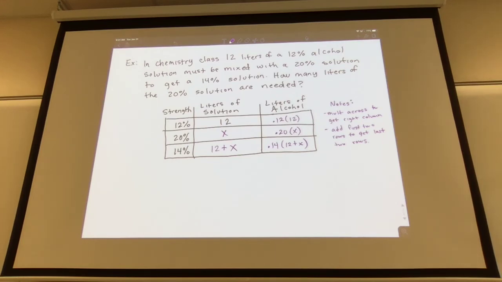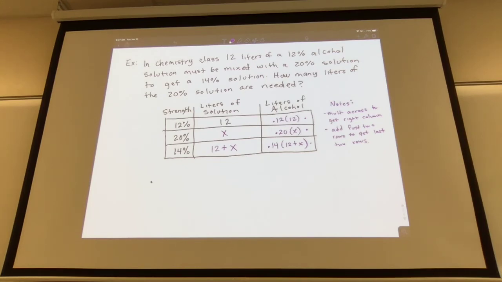All right, so now we're working with this, and it's saying how many liters for that to happen. When you set this up, you're going to add the first two rows to get the last row. So we're going to take this one plus this one, and they're going to add together to give us this one, because we're going to take those solutions and mix them to get our final.